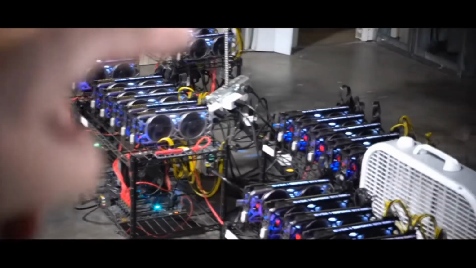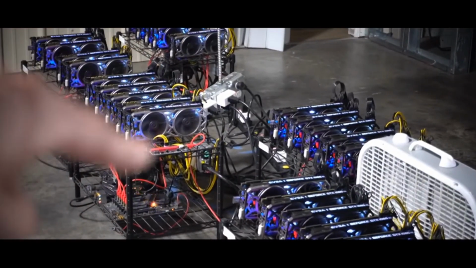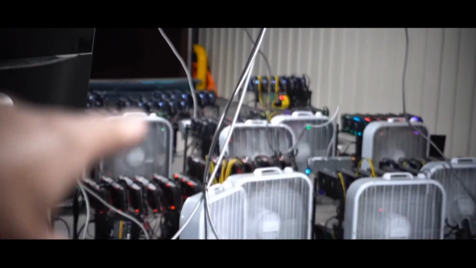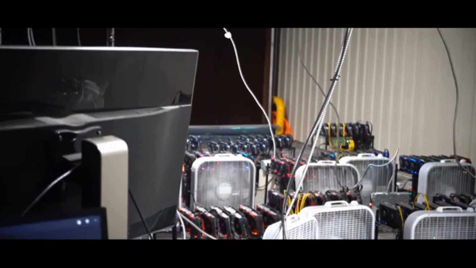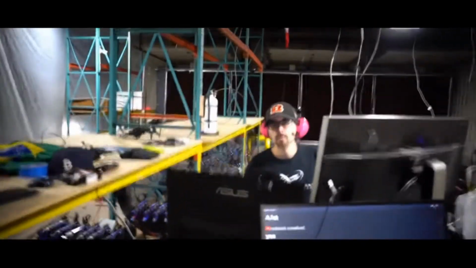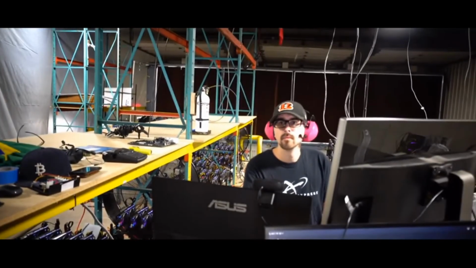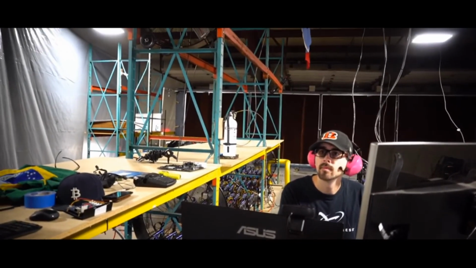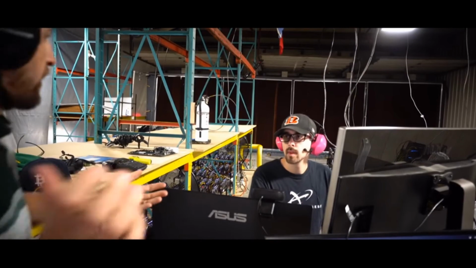Those 3 are Ion. And all of those rigs up in the front, you guys watched the video on that. Those are Ion rigs. And so we're mining Ion too. So that's our coin right now.